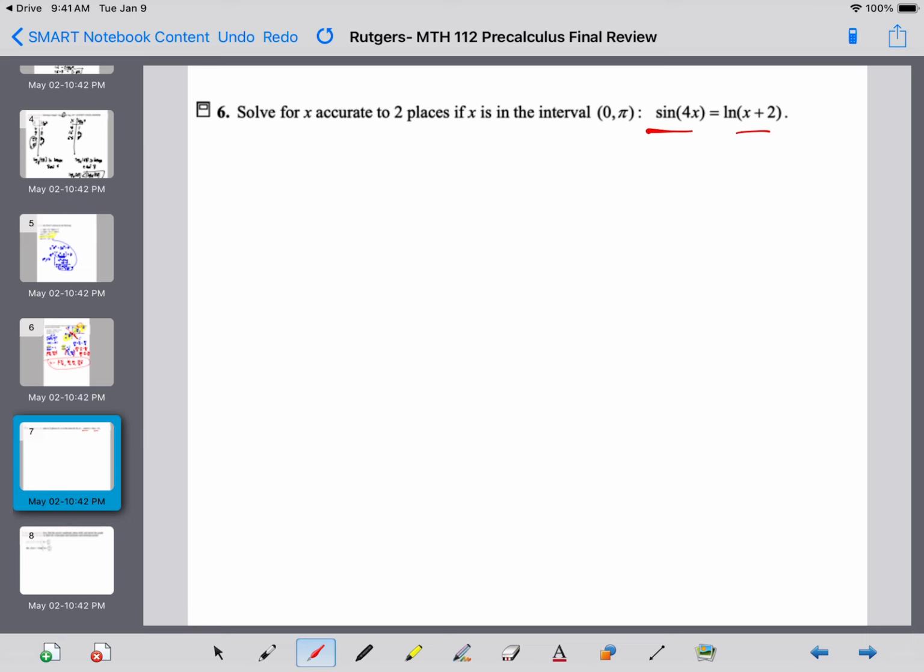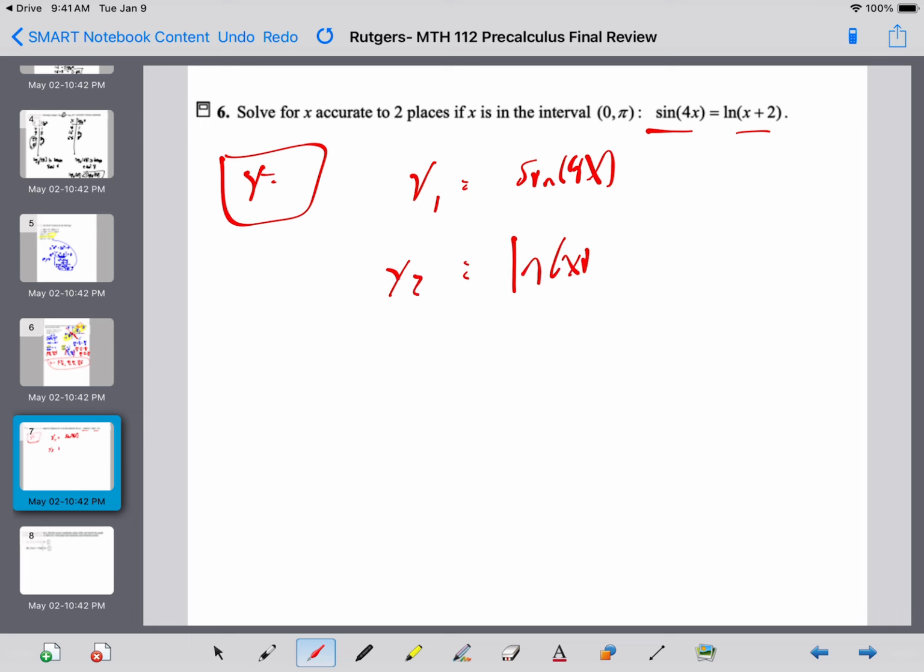So go to y equals. y1, type in sine of 4x, y2, type in ln of x plus 2.